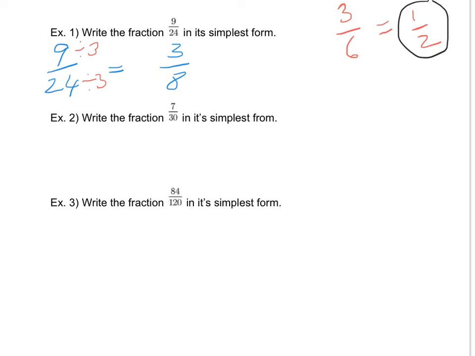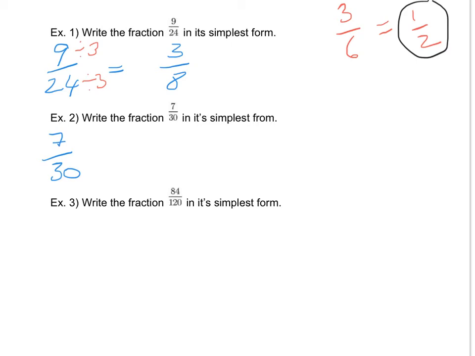Let's look at the next one. 7 over 30. Now, is there a number that divides into the top and divides into the bottom? Well, does 7 go into 30? No. Other factors of 7? Well, 7 doesn't have any other factors apart from 1.